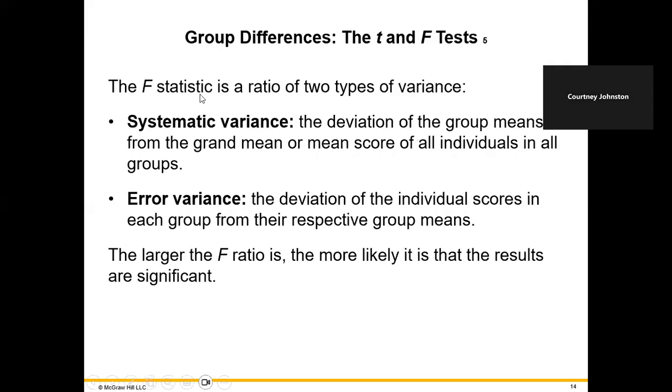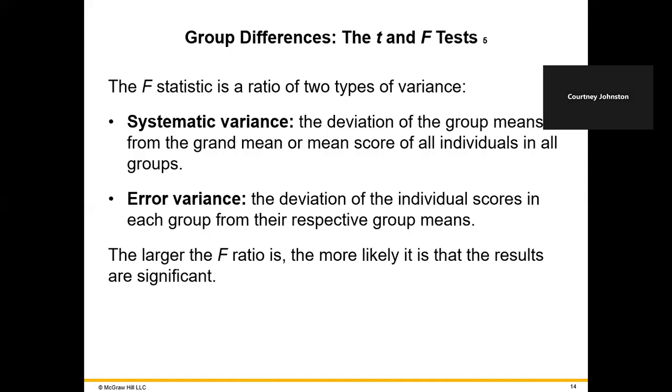The F-test statistic is a ratio of two types of variance, systematic and error. Systematic variance is the deviation of the group means from the overall mean, or mean score of all individuals and groups. So how much does that deviate? The error variance is how much deviation there is in individual scores in each group from their respective group means.